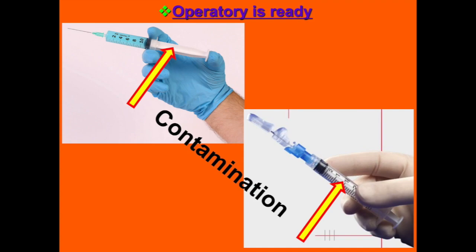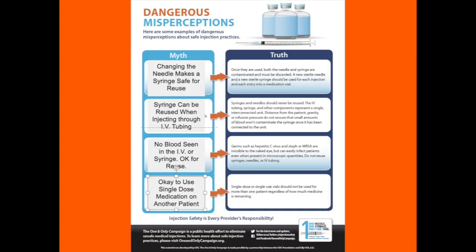Do not use any of that on another patient. So here we see the picture of bringing the plunger into the barrel of the syringe. And just know that you just don't reuse things. So read over these myths and truths regarding the one medication, one use, one needle, one time, one syringe, only one time use for the patient.